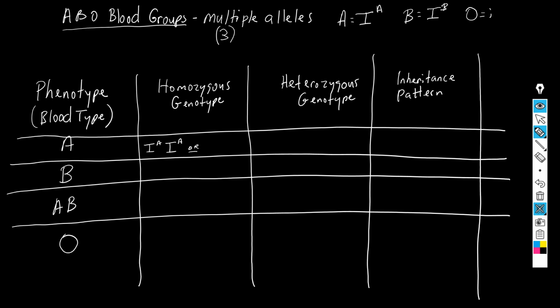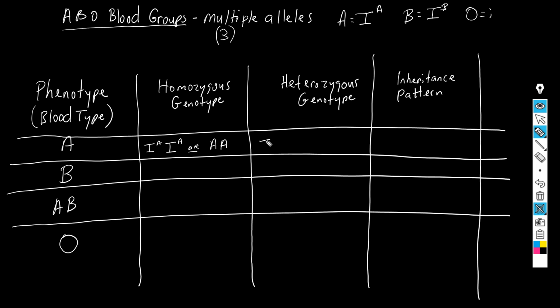If you see a question about ABO blood groups on an in-class exam or on the final, you will see it represented with the capital I with the letter of the blood type as a superscript. But you could also simplify this by just saying AA. That would be the homozygous genotype for type A blood.